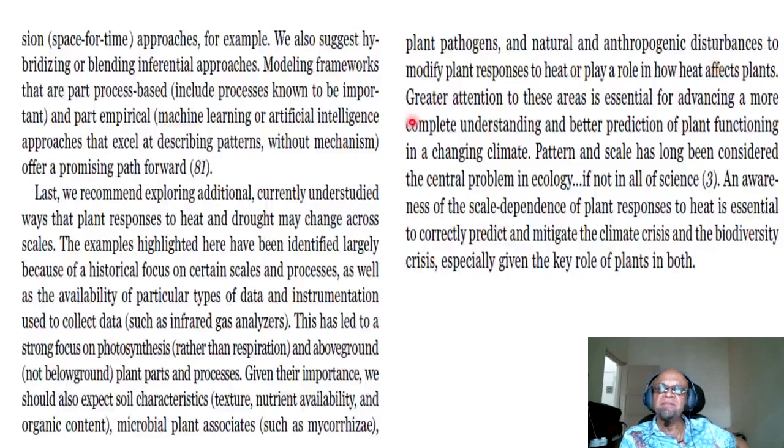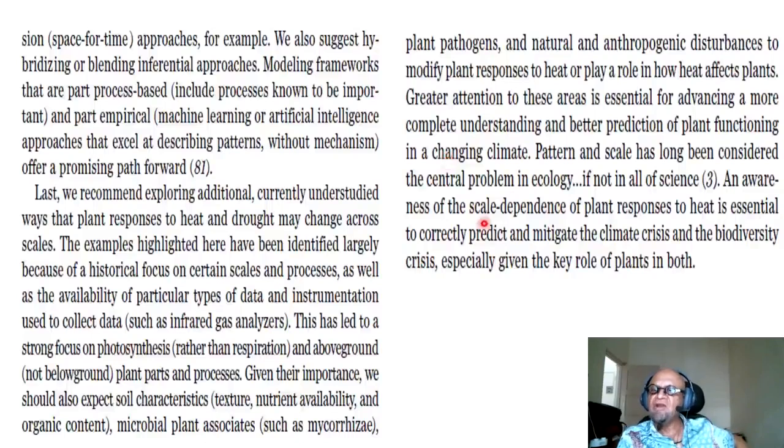Right? There are plant responses, which obviously determine how they are affected, and depends on the rate at which things are changing. Greater attention to these areas is essential for advancing a more complete understanding and better prediction of plant functioning in a changing climate.